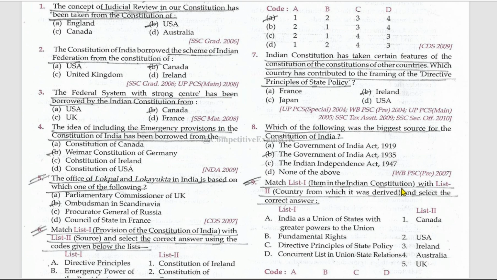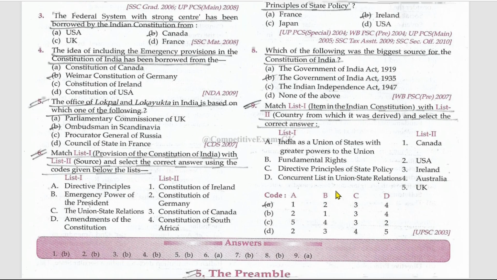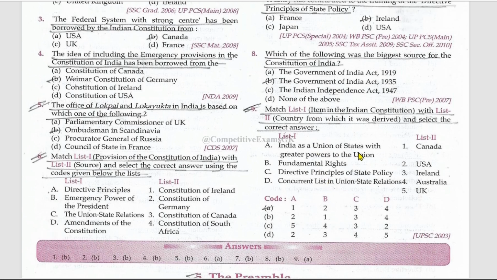List 1 item in the Indian Constitution, list 2 country from which it has been derived. India as union of states with great powers to the union, taken from Canada. Fundamental rights, taken from United States of America. DPSPs, taken from Ireland. Concurrent list in union-state relations, taken from Australia.